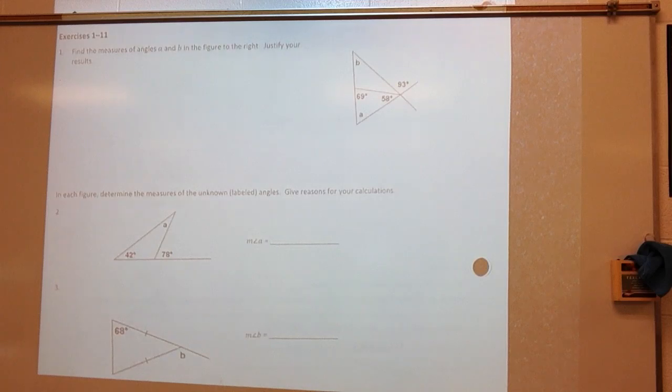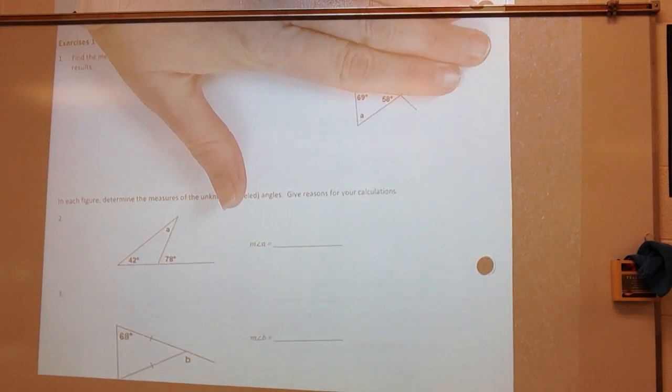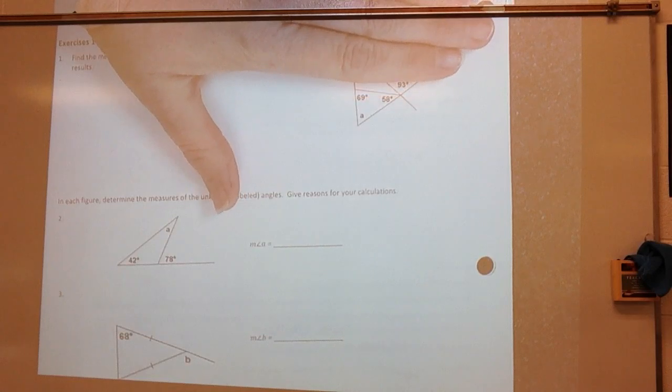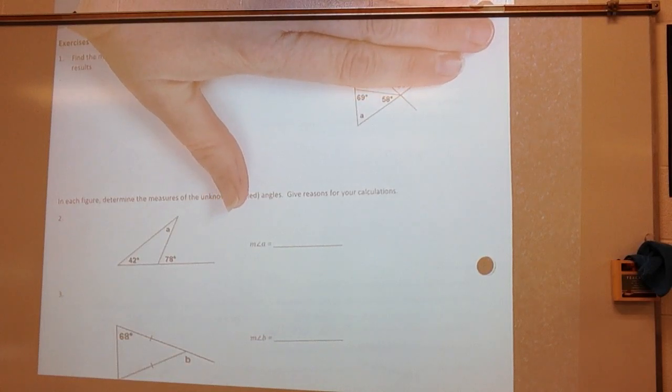It's probably not an equilateral triangle, so that kind of throws that all out. All right, so I need to figure out what does that mean. Well, I'm going to just look at this little small triangle here, and it tells me that all three angles of a triangle equal 180.